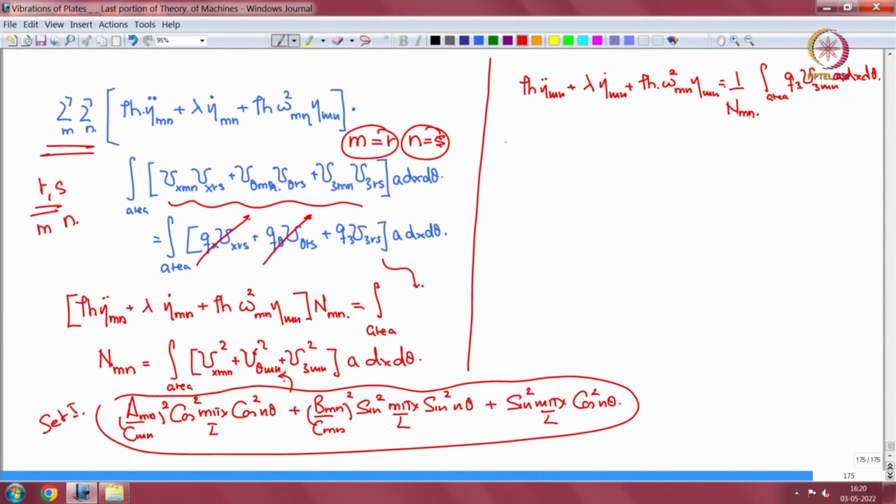Okay, so we will write this as eta mn double dot plus twice zeta mn omega mn eta mn dot plus omega square mn eta mn is equal to 1 by rho h N mn and this term. Okay. So let us see now.